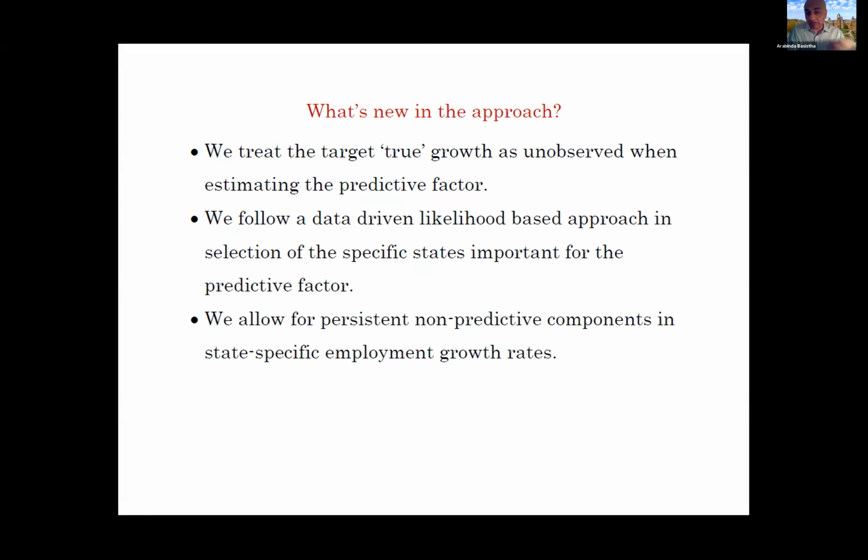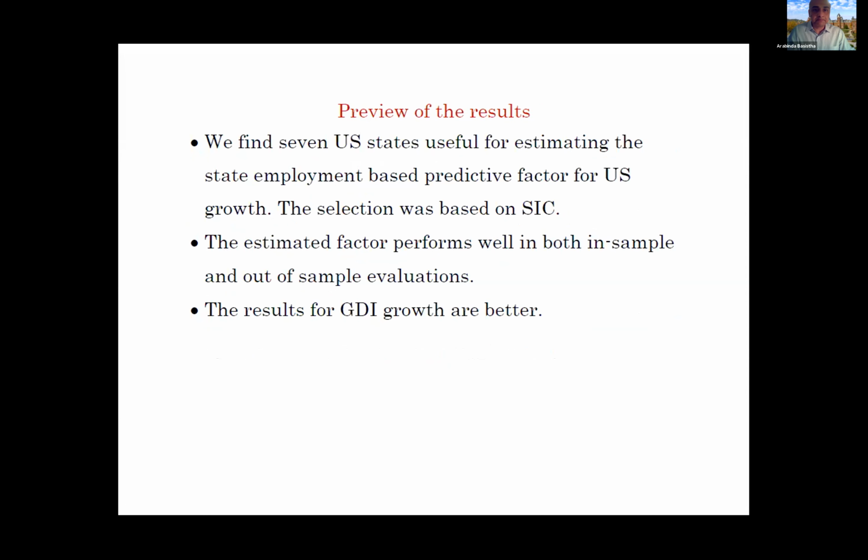So we follow a likelihood-based approach for the selection of states, essentially SIC. Another helpful part is that each state does have a non-predictive component. We allow that to be persistent. It seems to help to isolate the predictive component.